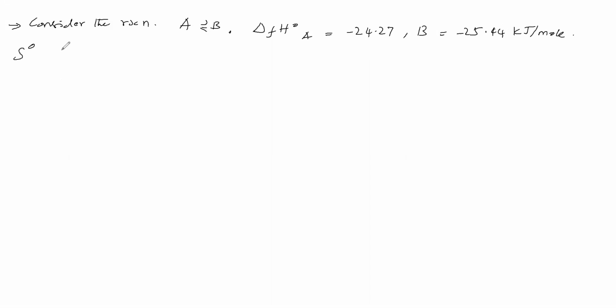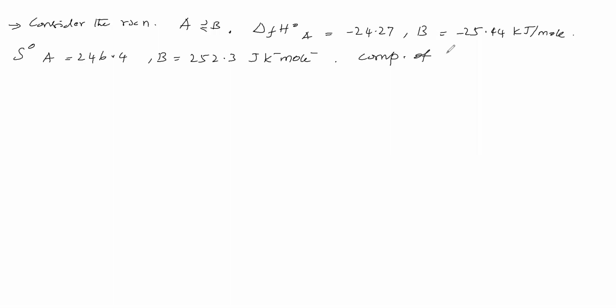Standard entropy for A and B are 246.4 and 252.3 joule per Kelvin per mole respectively. What is the composition of the equilibrium mixture at 298 Kelvin?